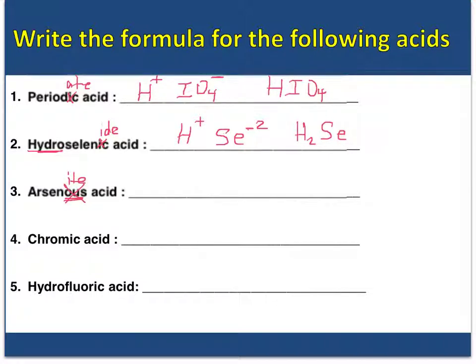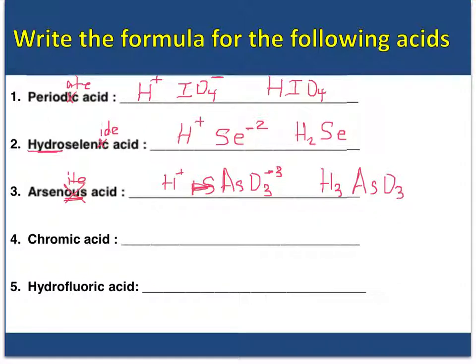Arsenite, so that's H plus as our cation, and arsenite is AsO3 minus 3. So that means we need H3AsO3, and that's our arsenous acid.